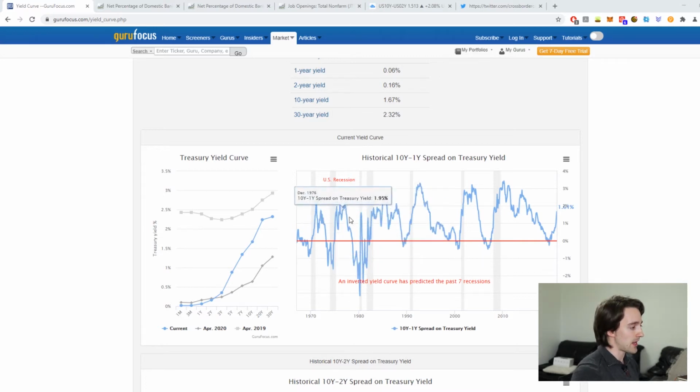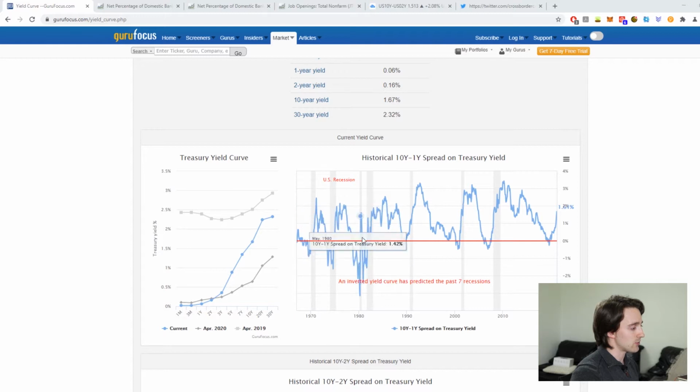And as you can see in the past, all the shaded regions in this graph are recessions in the US. Every time the yield curve has gone below that 0% level, so every time it's inverted, every time the 10-year has yielded less than the 1-year, we've had a recession afterwards. So it happened here in the 70s, it happened here.